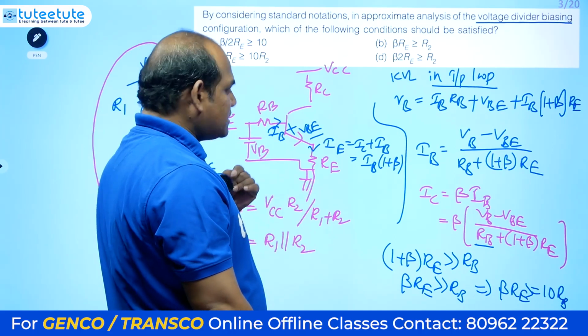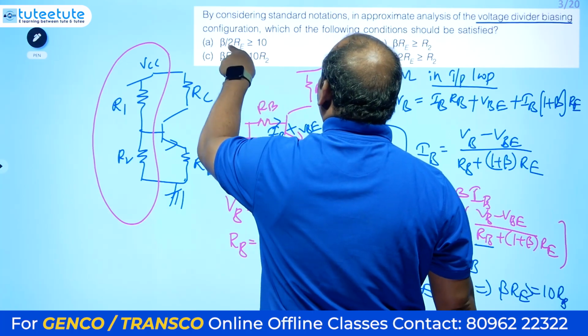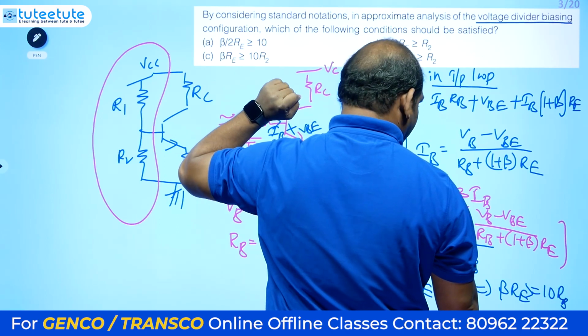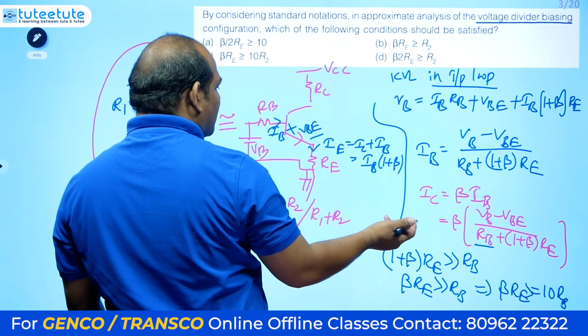So if you see the options here, everywhere beta into RE is there. Here beta by 2 RE, beta RE, here beta into 2 times RE, here beta RE is there, which is greater than or equal to 10 times RB. RB means here what? R2 only.